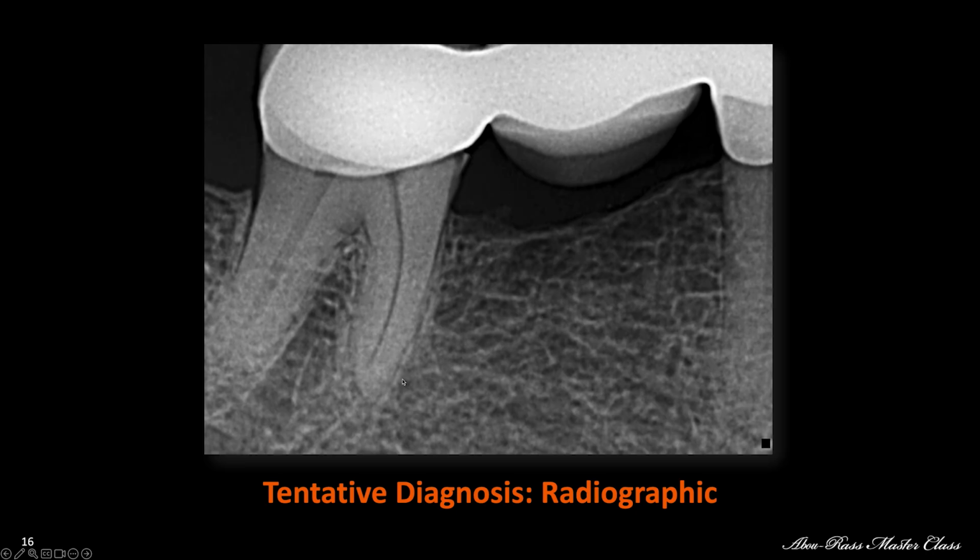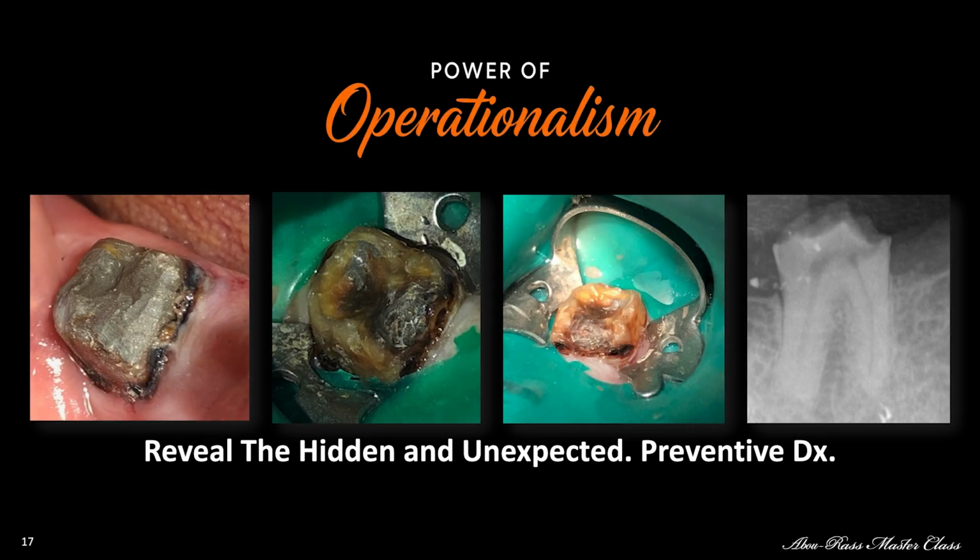We see the lamina dura, the periodontal ligament, the bone. There is no periapical pathology, but there is this halo over here. The 4R operational diagnosis protocol has powers, has advantages, and in this presentation, I'm going to try to summarize all of them. So here we go.